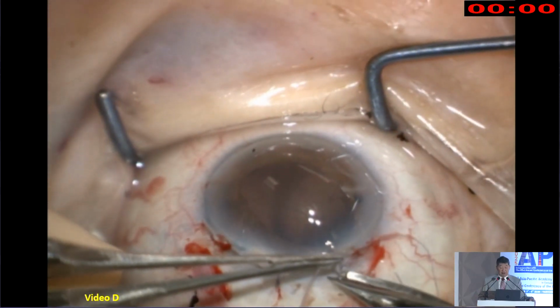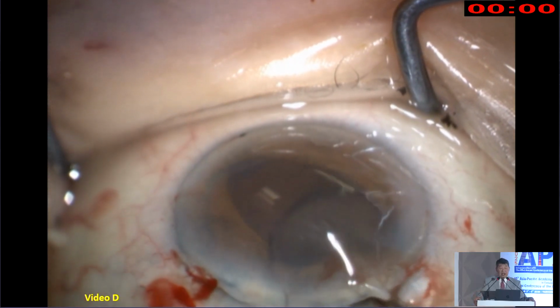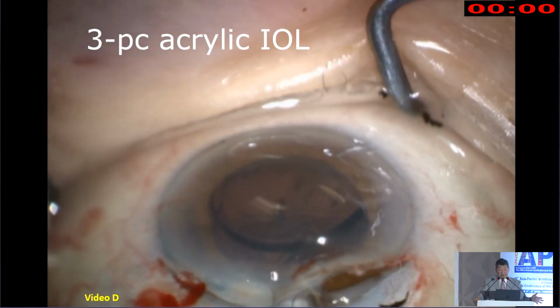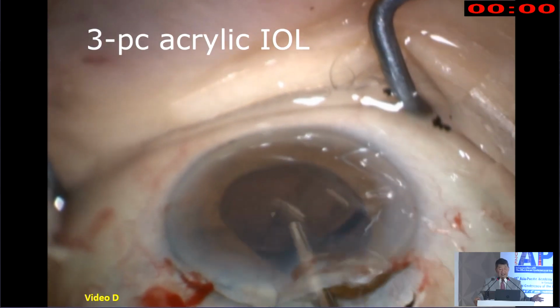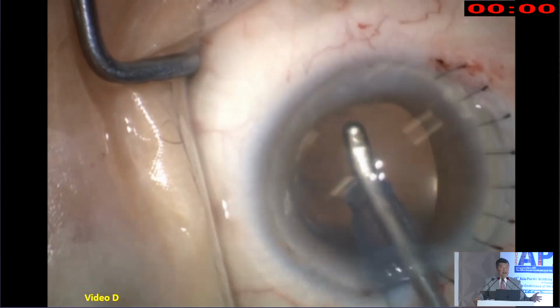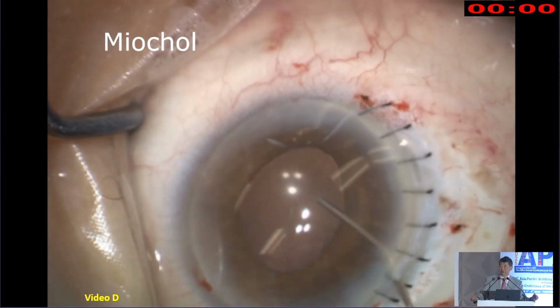So at this point, I've done my I/A. I'm going to put in a 3-piece non-foldable monofocal. But here's the point I want to make. Not only did I get the lens out, but I don't have to worry about this lens decentering because there really isn't a bag anymore.